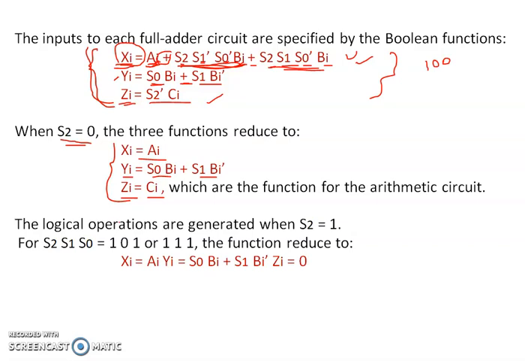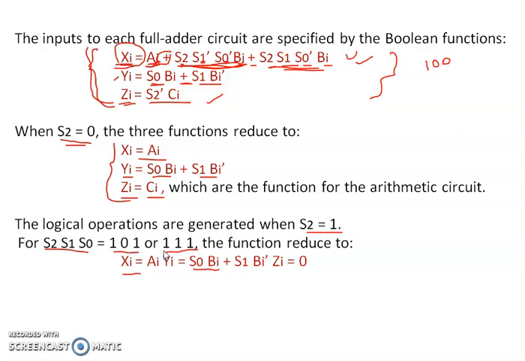If logic operations alone need to be performed, then S2 will be equal to 1. In that case, for S2, S1, S0 equal to 101 or 111, the functions will be reduced. That is, Xi can be written as Ai, Yi, which means S0 Bi, S1 Bi complement, Zi.